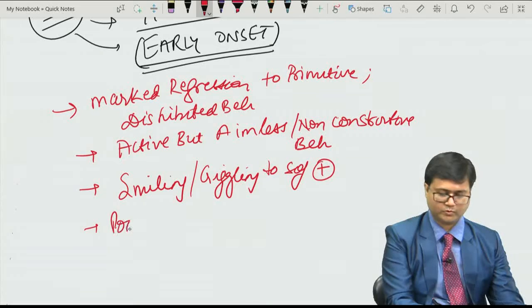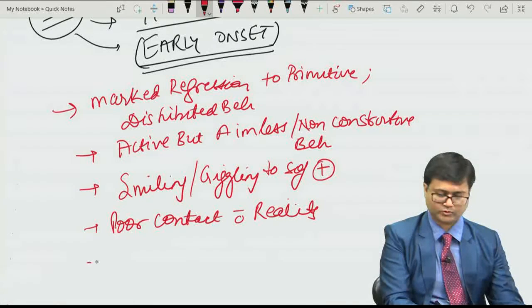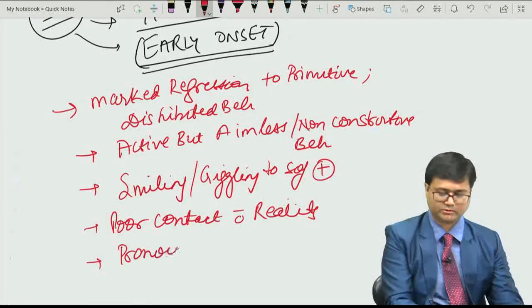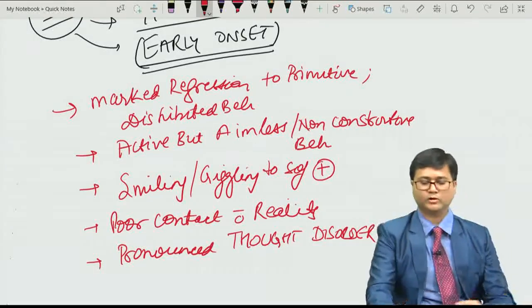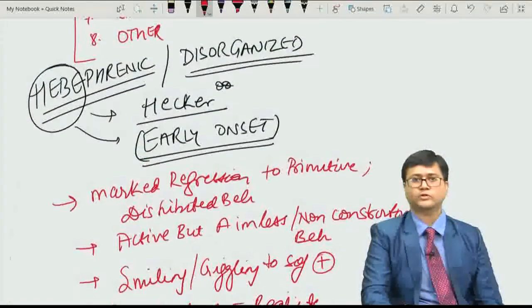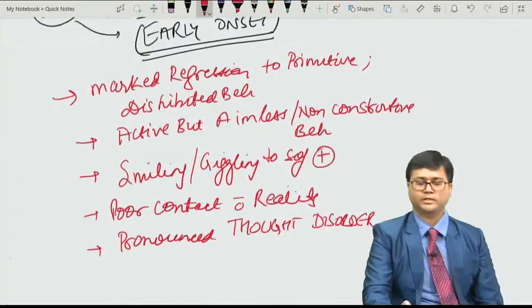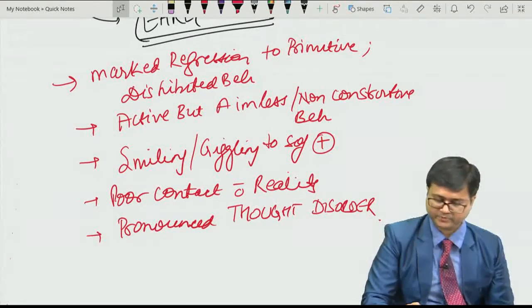Then there is poor contact with reality, and also there is pronounced thought disorder. So these are some of the important characteristics of hebephrenic or disorganized schizophrenia, important to remember.